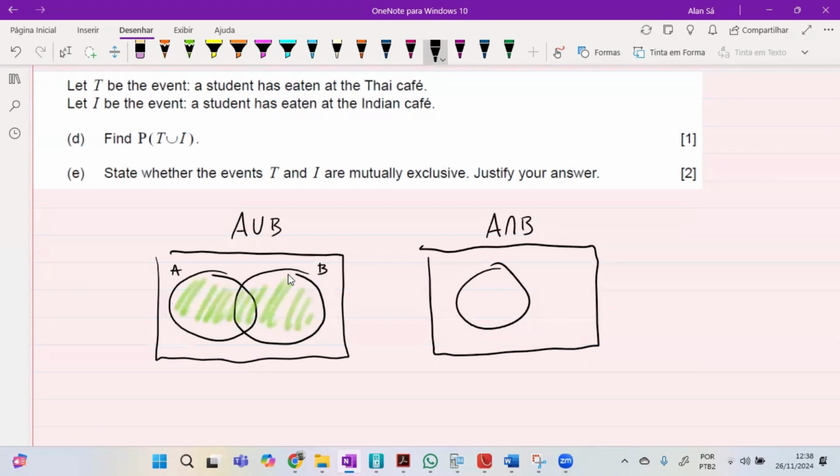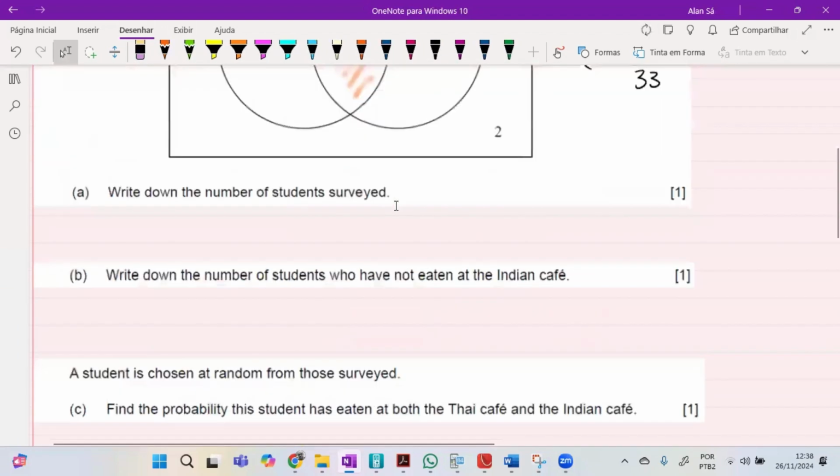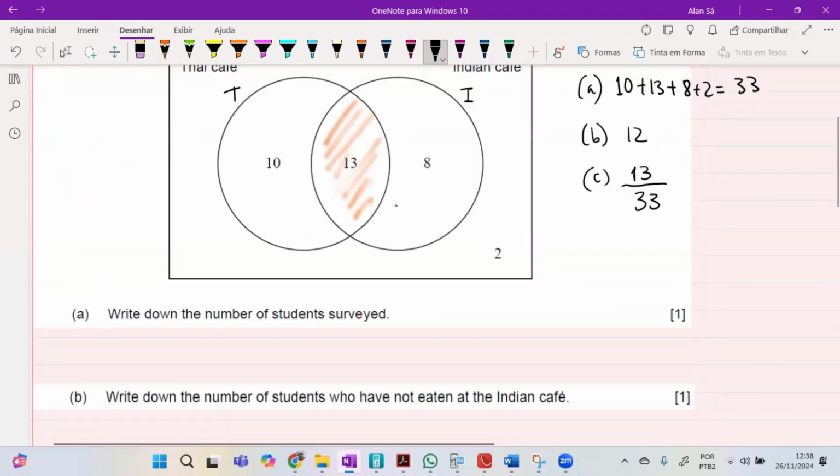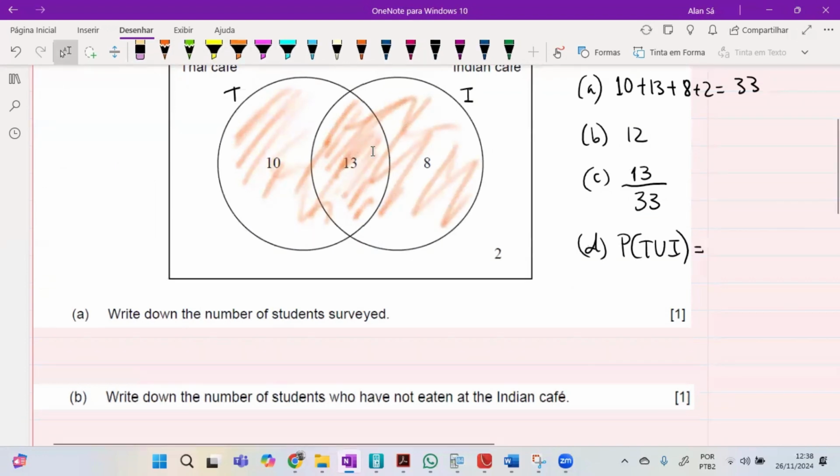Okay, so for this question, we want to find the probability of the union, but these two cases are very important. Here we want the probability of T union I. So we consider that the probability of T union I is the number of students in the union, so these three parts together, which has 31 students.